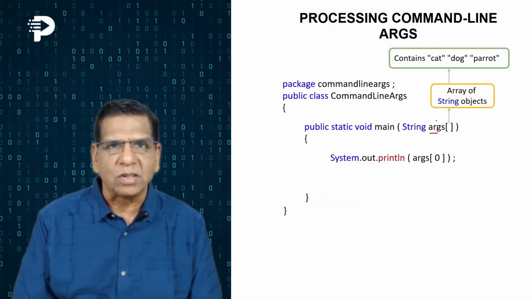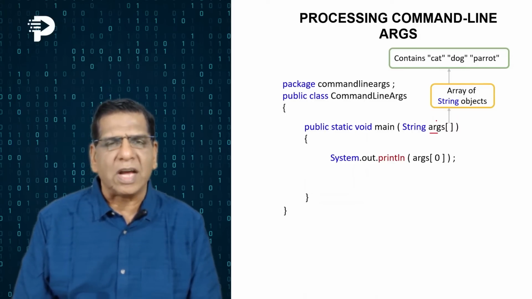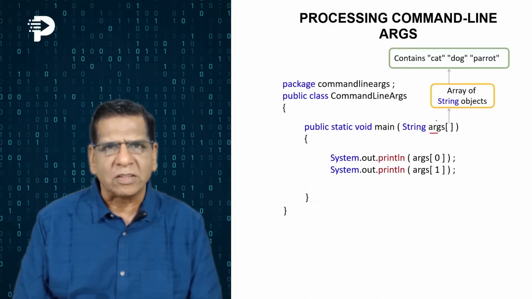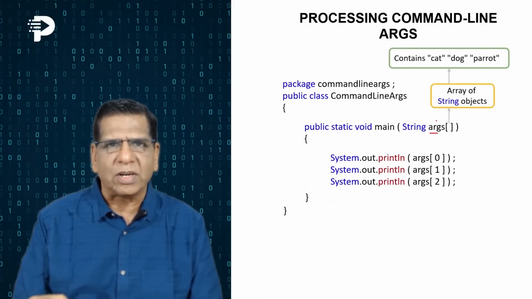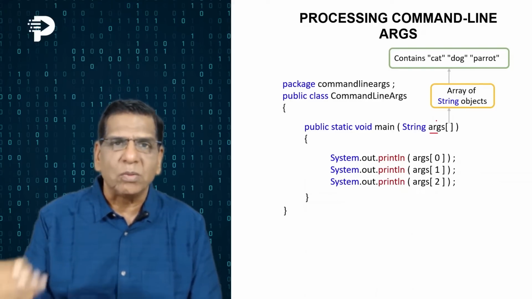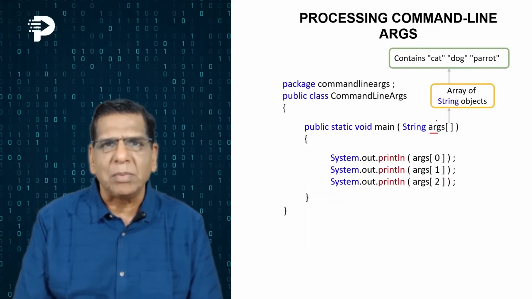You can print it out on the screen by saying System.out.println(args[0]). Likewise, to access dog, you will say args[1], and to access parrot, you will say args[2]. So args[0], args[1] and args[2] will give me access to cat, dog and parrot as the arguments that have been passed at command line and collected in main in that args array, which is basically an array of string objects.